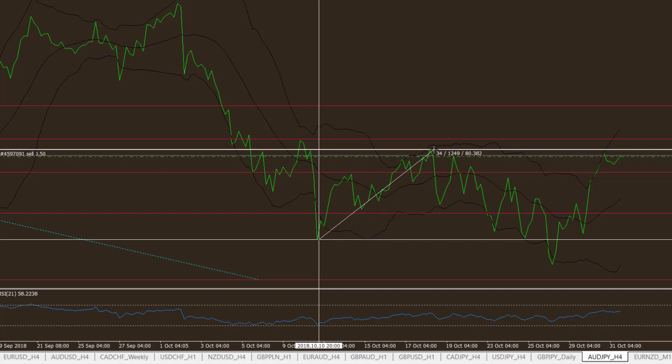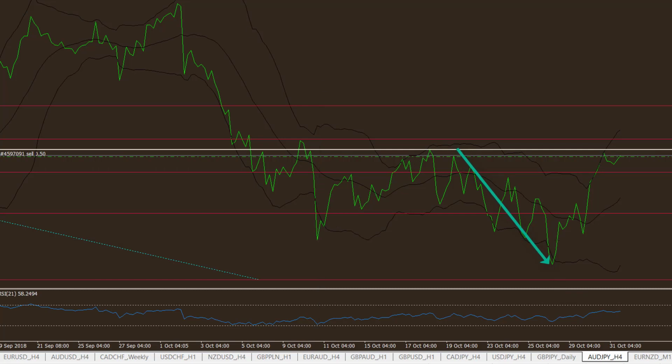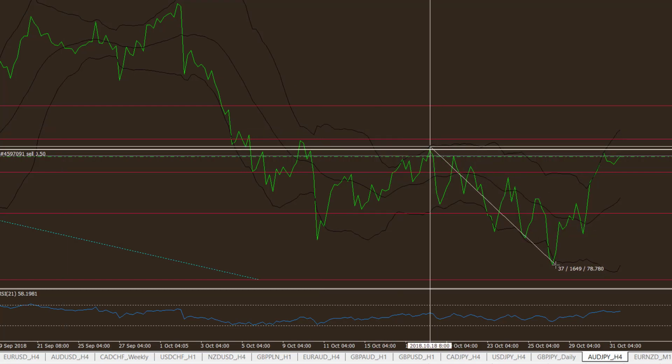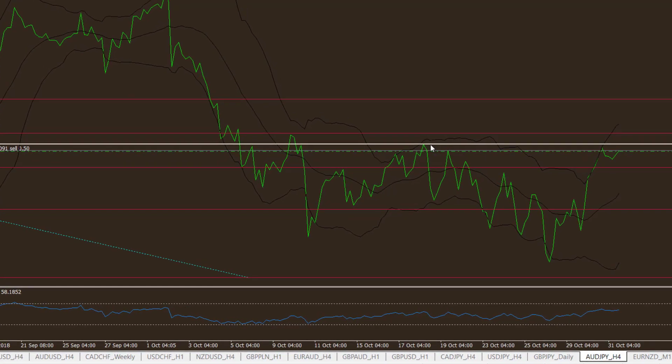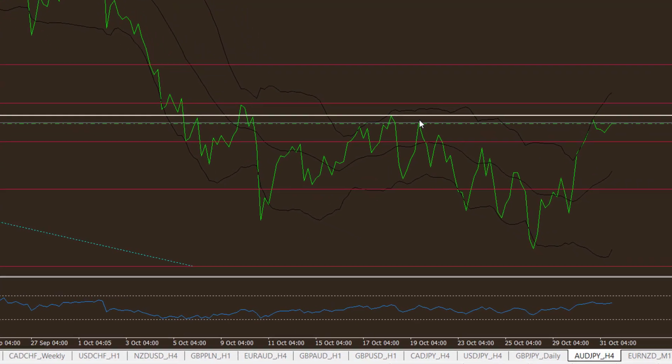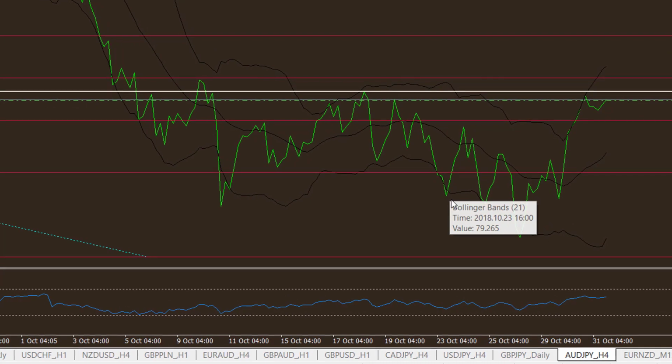So, taking that into consideration, we come up to this point again. Even though it took some time to get there, we ultimately end up going back down. Now again, did it go straight down? No, it actually went down, and it came back up. Didn't make it as high as it did before, but it came back up and then started to bounce down.